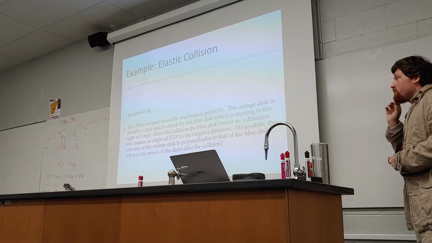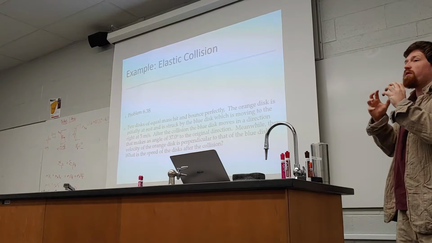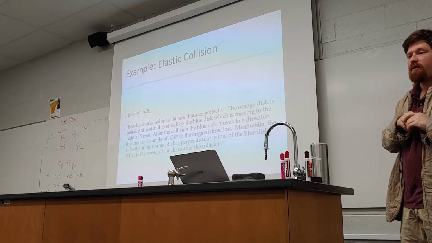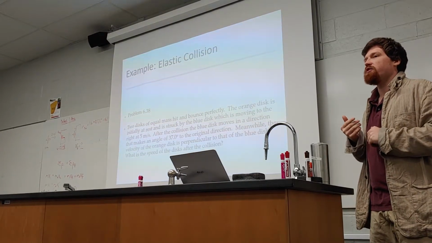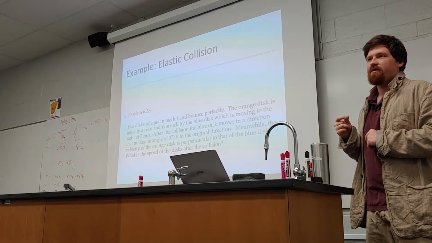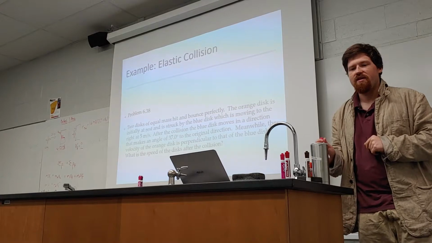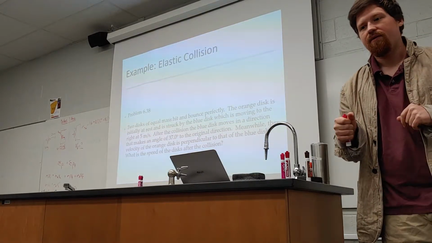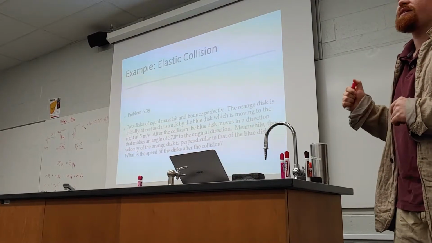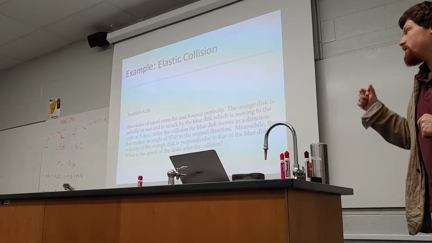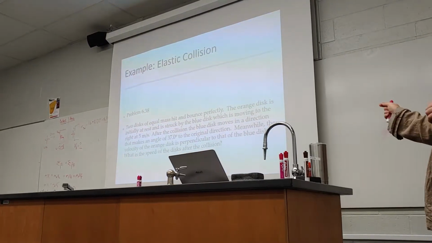So, two discs of equal mass are going to hit, and they're going to have a perfectly elastic collision. What that means is, in reality, not every collision is perfectly elastic. There are certain degrees to which a collision can be elastic or inelastic. The more kinetic energy is conserved, the more elastic the collision is. In this question, we're going to assume that all kinetic energy is conserved, and so that would make it perfectly elastic.